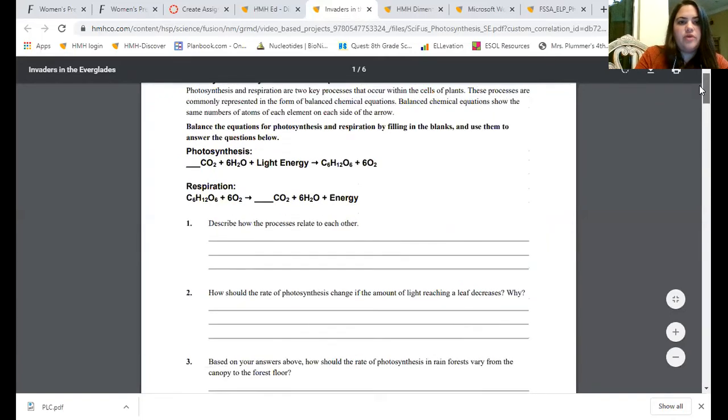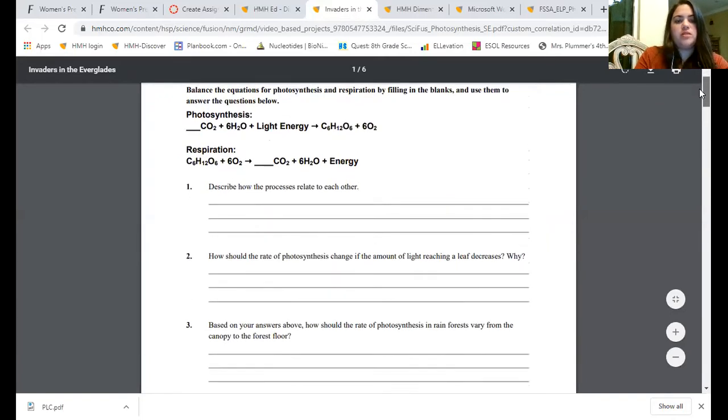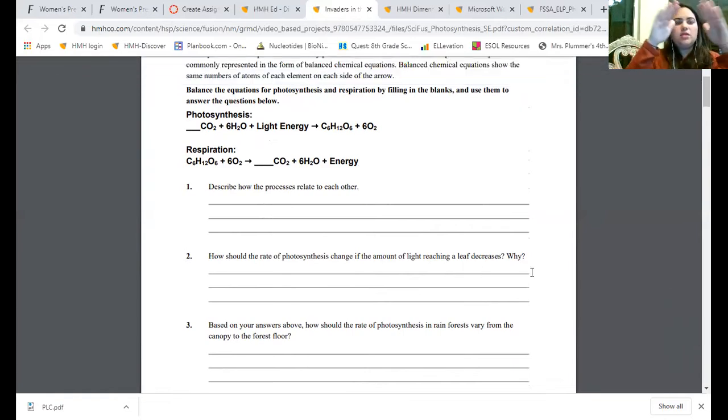So 1 through 5. Number 1 says describe the process, how they relate to each other. So photosynthesis, here's our equation for photosynthesis, and here's the equation for respiration. How should the rate of photosynthesis change if the amount of light reaching a leaf decreases? So if we have the canopy at the top, they're receiving a lot of light.